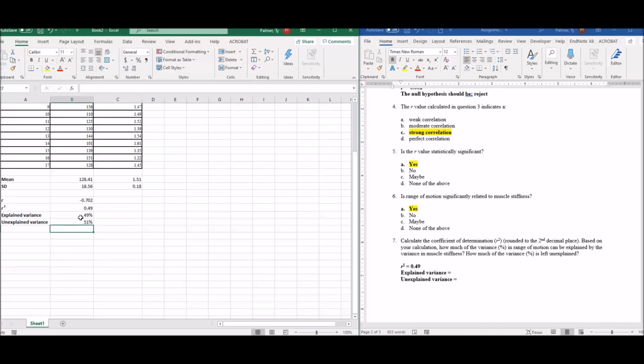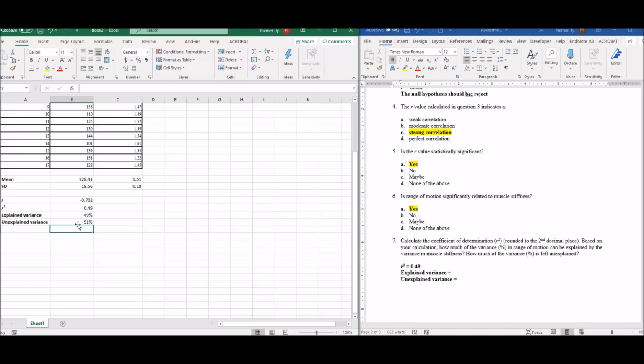So now we've calculated the explained and unexplained variance. How much of the variance in range of motion can be explained by the variance in muscle stiffness? 49%. How much of the variance is left unexplained? That's the remaining 51%. So what does this mean? Basically, this is just stating that muscle stiffness can explain a large portion of the variance in range of motion, 49%.